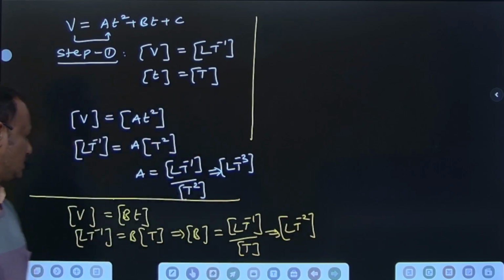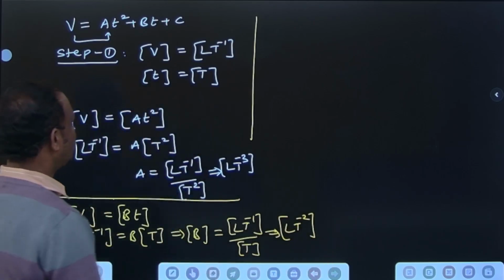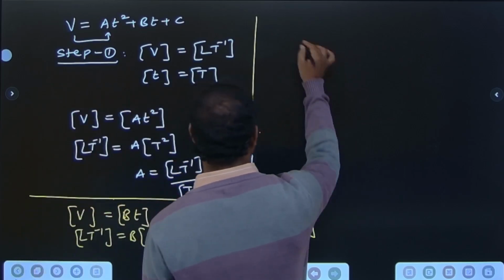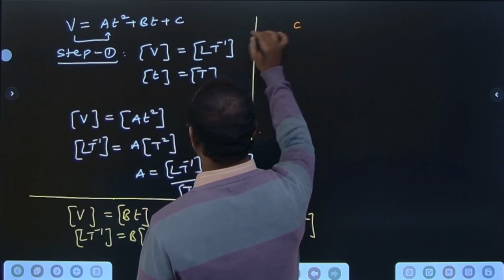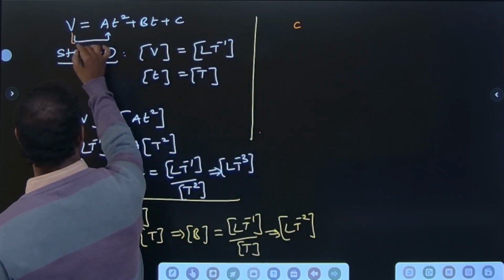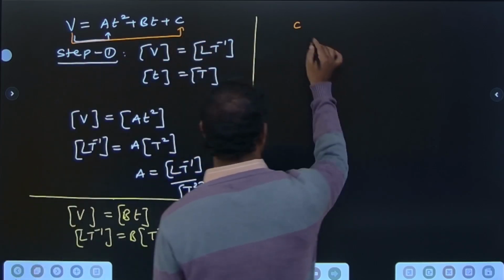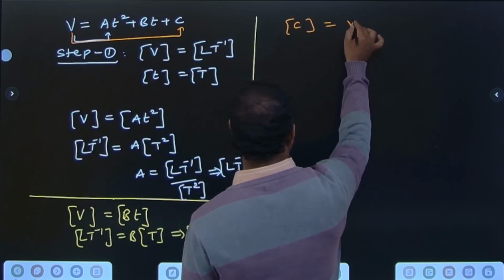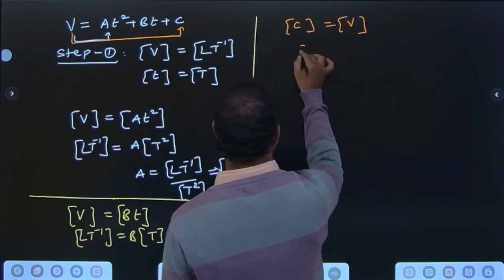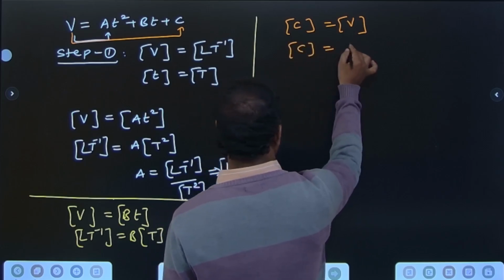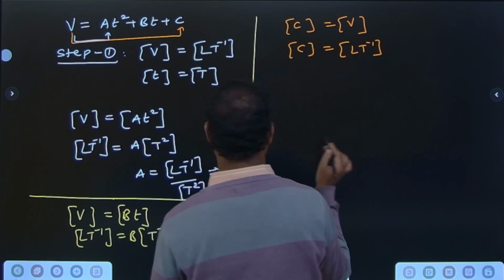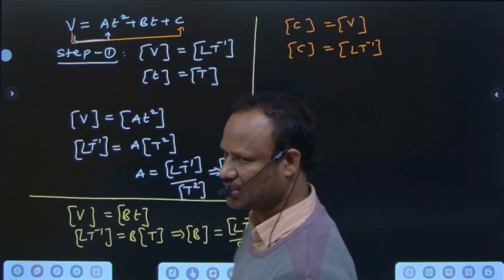And for the third, the dimensional formula of c: v is equal to c, so the dimensional formula of v and of c are the same. So c is LT to the power of minus 1. That is step 1.